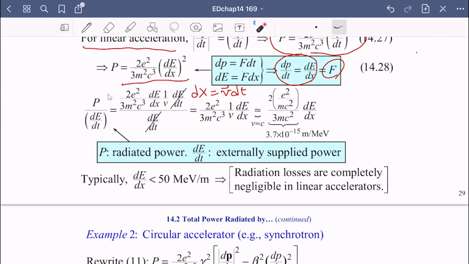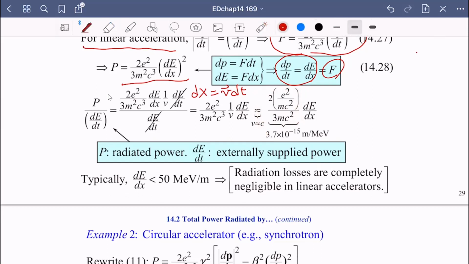If the particle is very close to the speed of light, then this will become e squared over 3mc squared. That is 3.7 times 10 to the minus 15 meters per MeV.